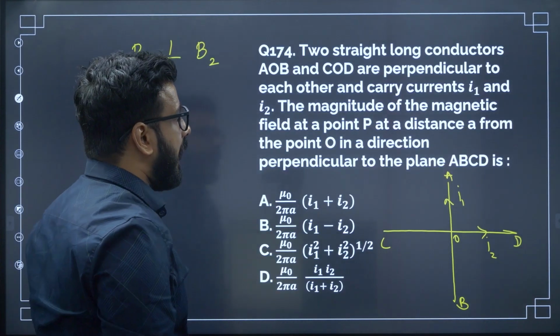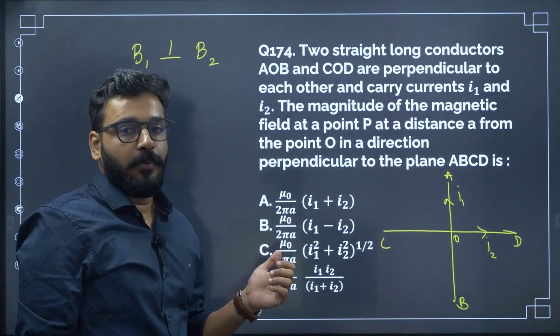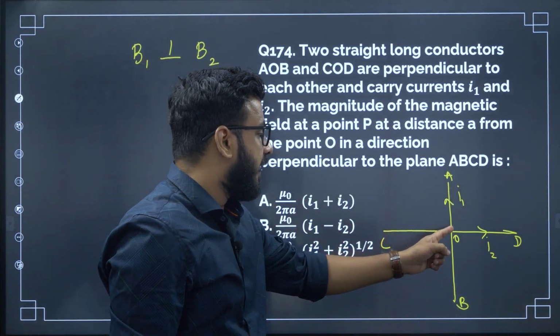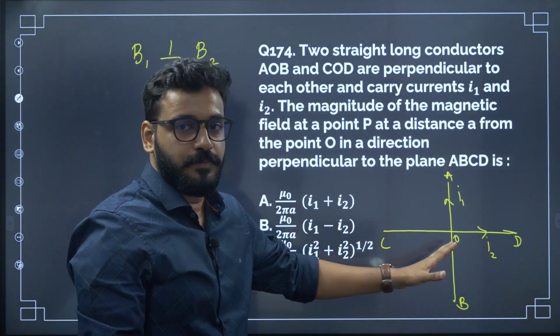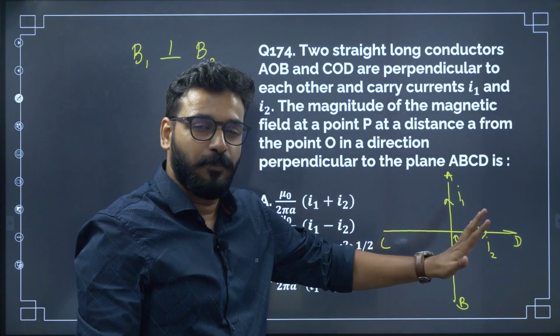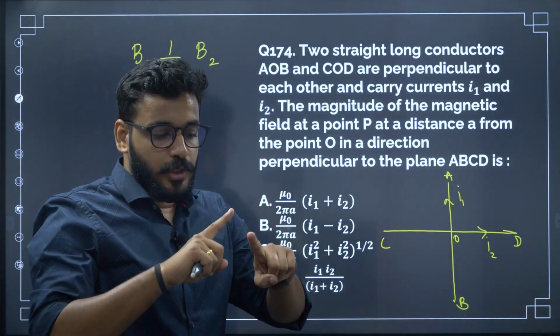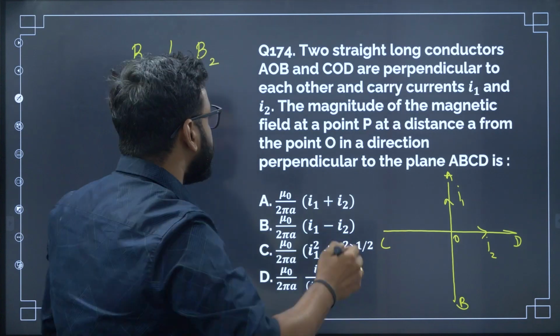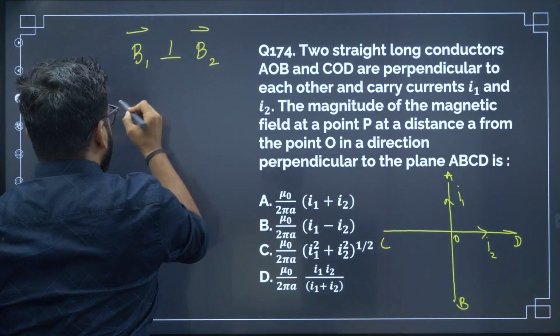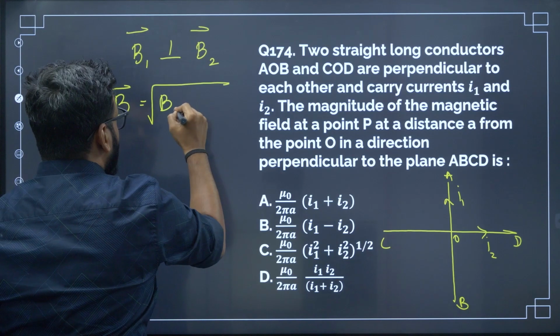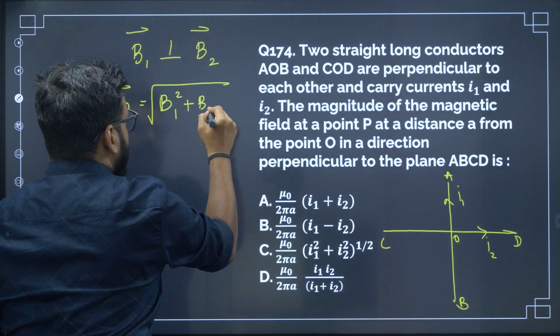The question asks for the magnitude of the magnetic field at a point P at a distance from the point O. First of all, you have two vectors. Magnetic fields are vectors, and they are perpendicular to each other. So the net magnetic field is going to be root over B1 square plus B2 square.